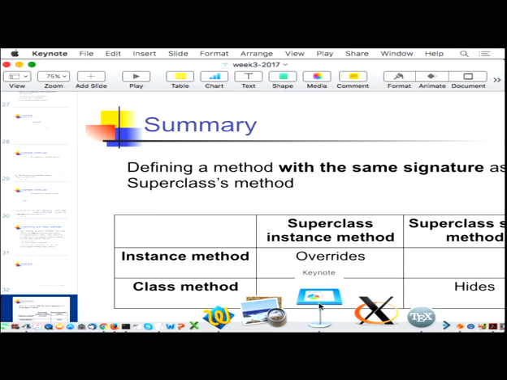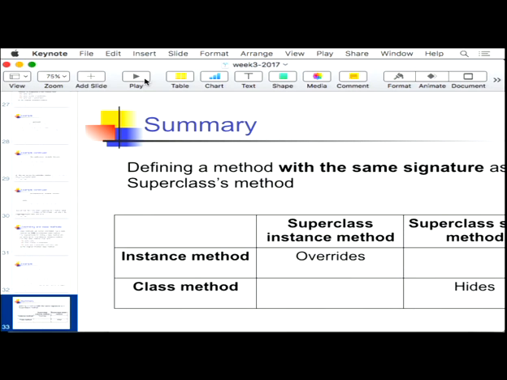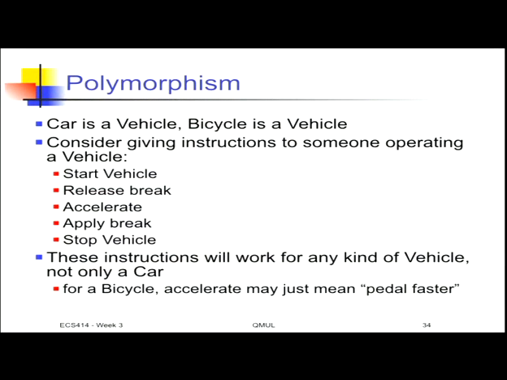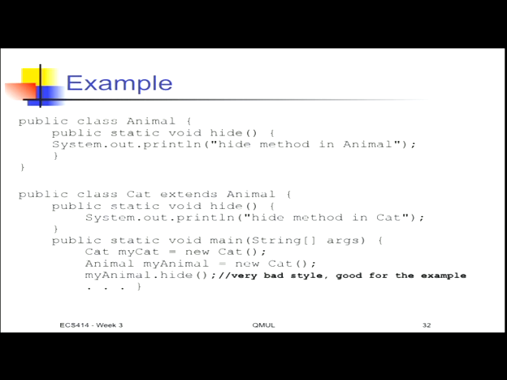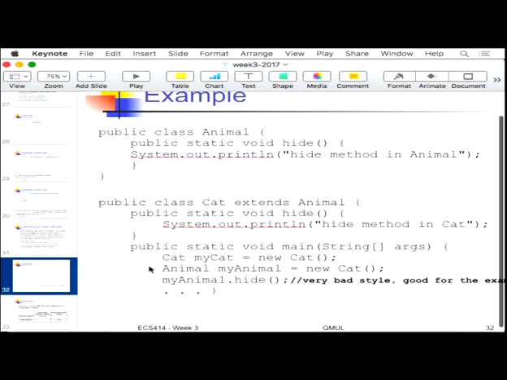Now, there is something important here: Animal animal = new Cat. So we're going to explain what this is. This is very important in Java.